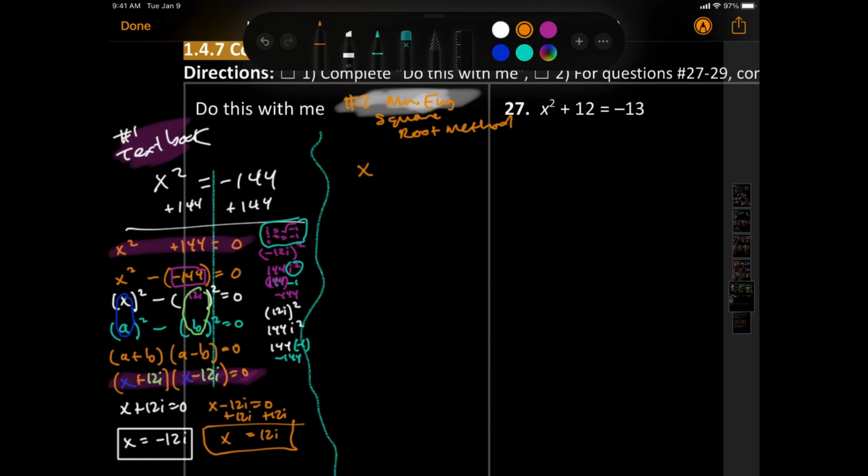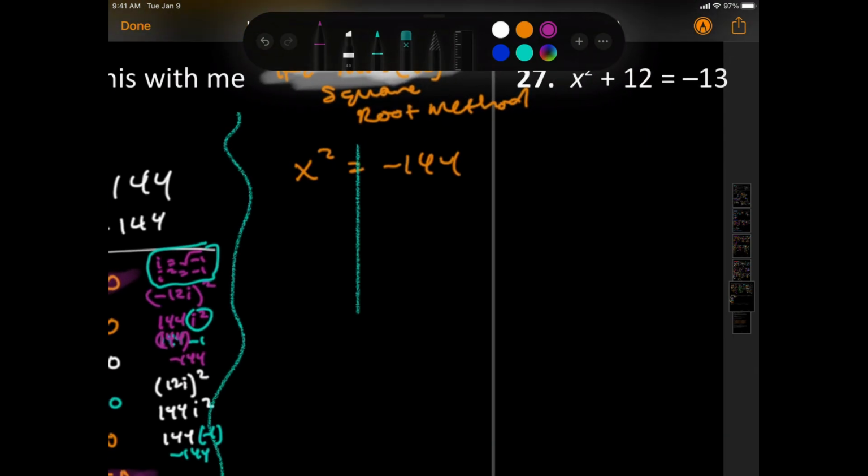So let me show you what I'm talking about. I have x squared equals negative 144. You can show the work, but you're using a kind of indirect way of doing this. The square root method says once the x squared is isolated, I'm going to take the square root of both sides.